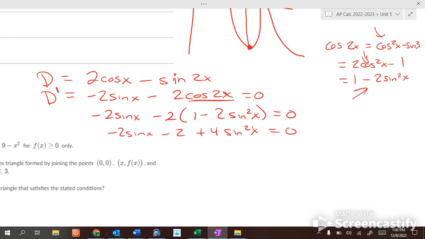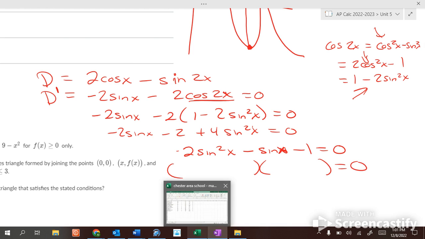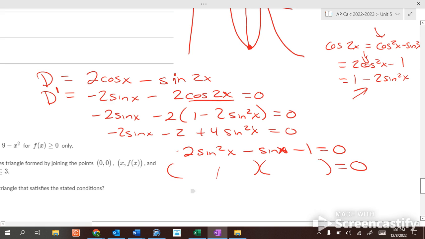If we divide everything by 2 and reorder it, we get 2 sine squared of x minus sine of x minus 1 equals 0. Factor.